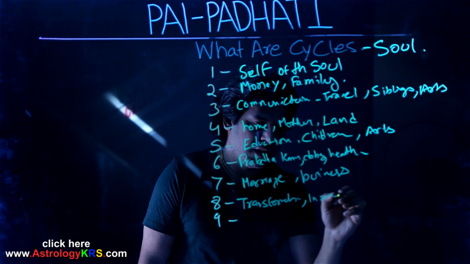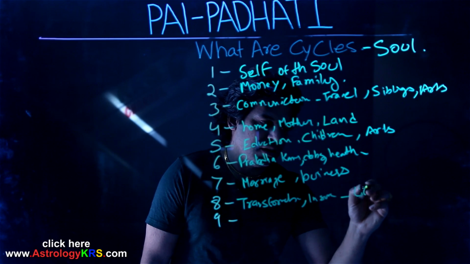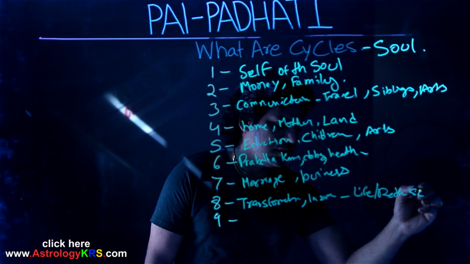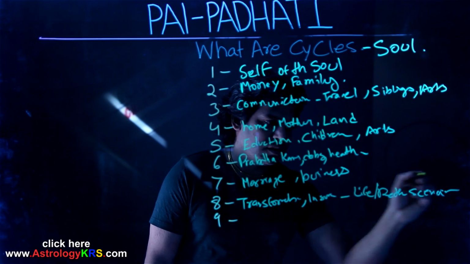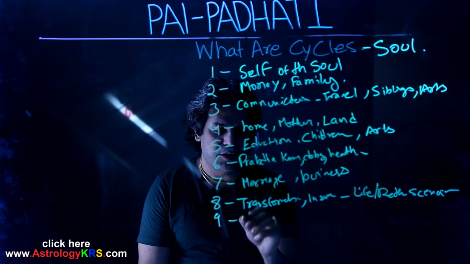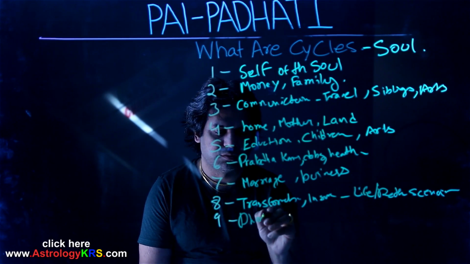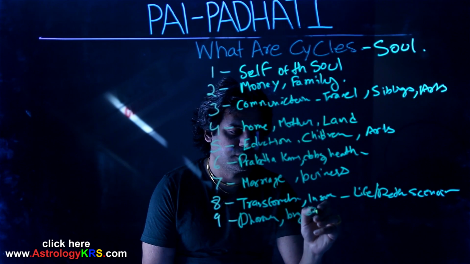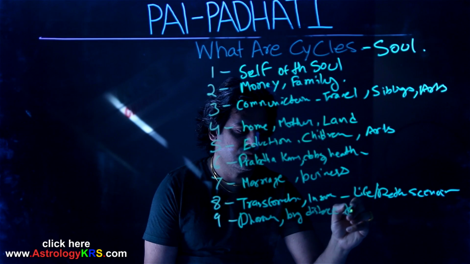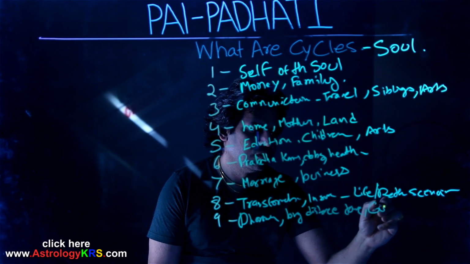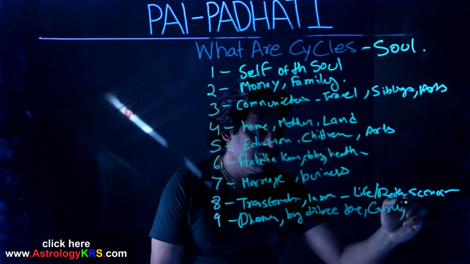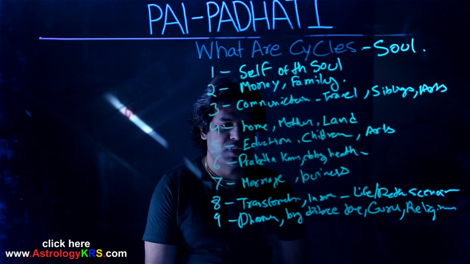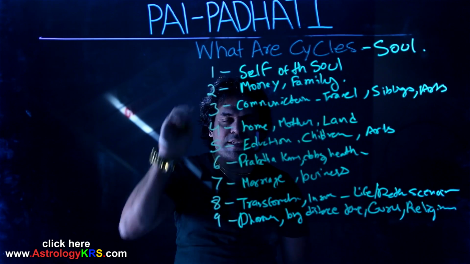Insurance, inheritance, life and death scenarios. 9th is your dharma, long distance travel, guru, okay, religion. So these are the 9 cycles.